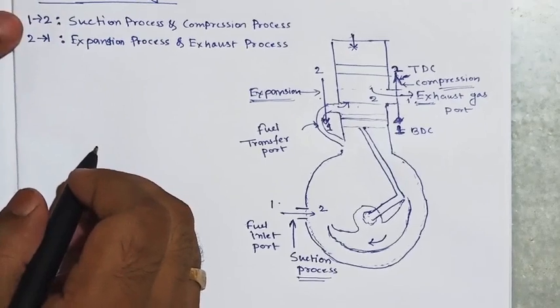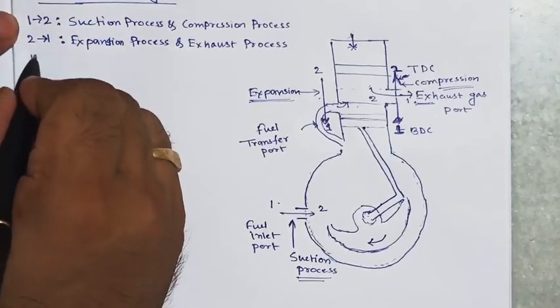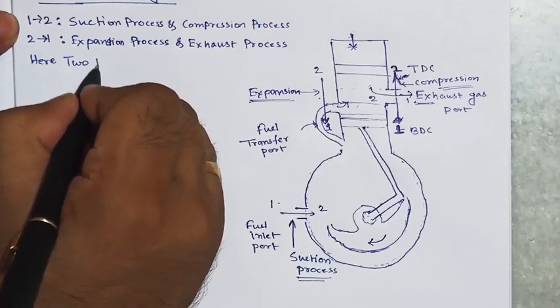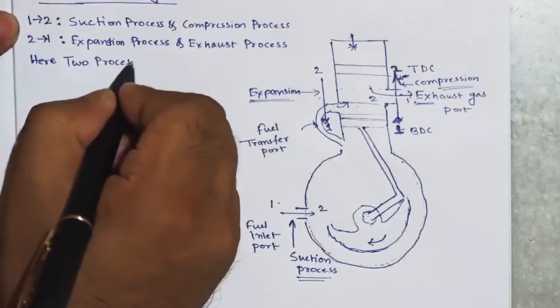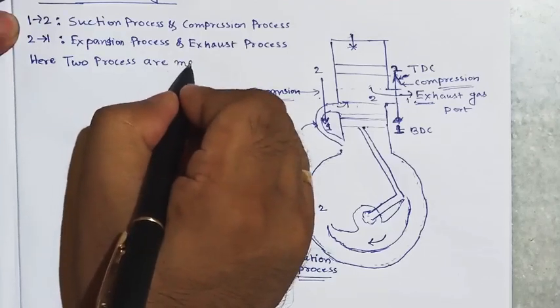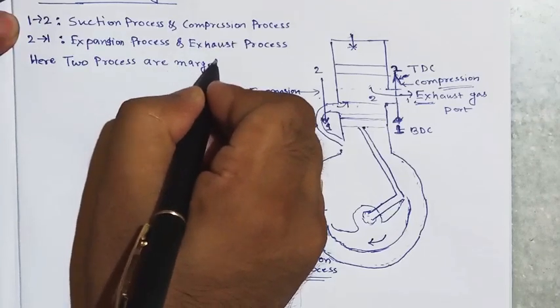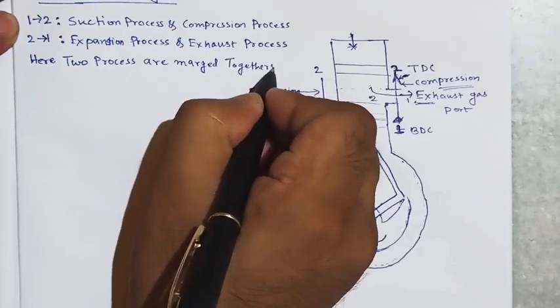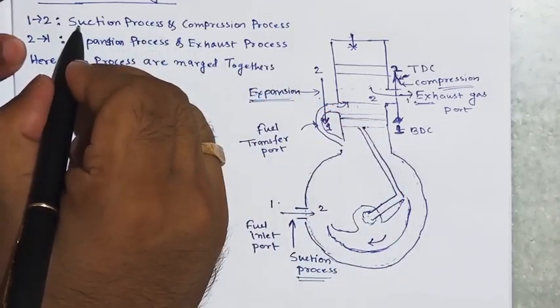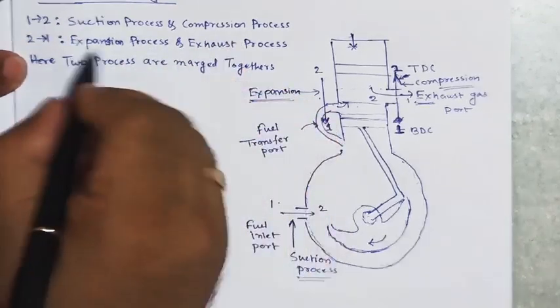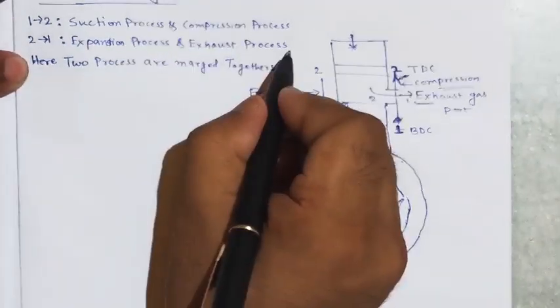Now we can write here that two processes are merged together. That is, the suction process is merged with the compression process, and the expansion process is merged with the exhaust process.